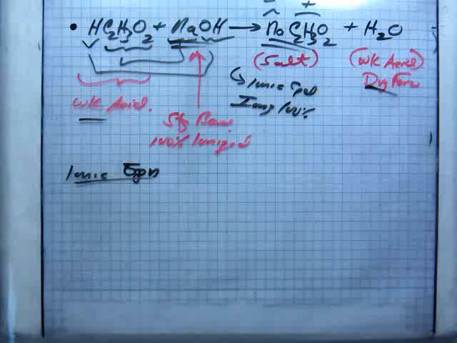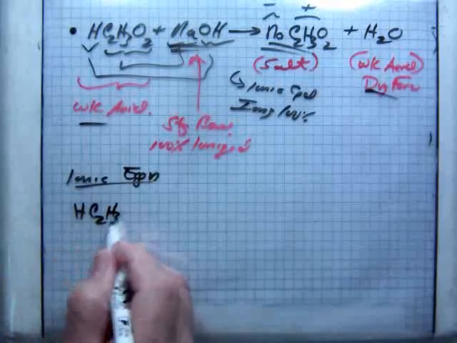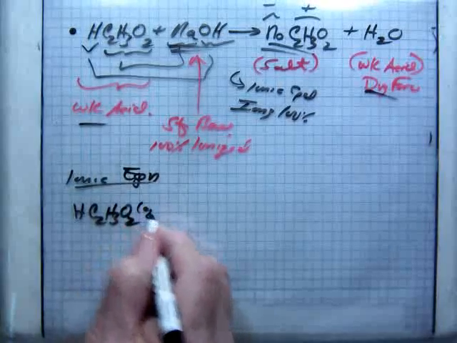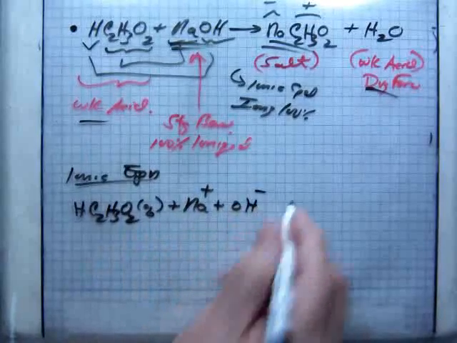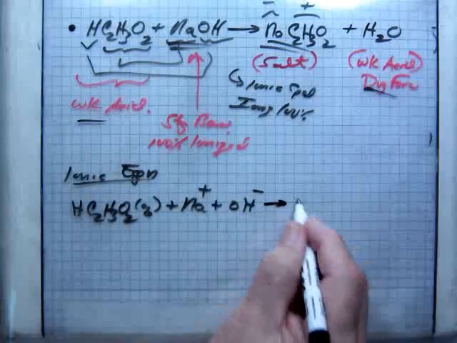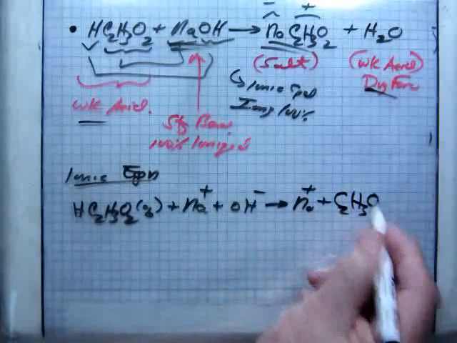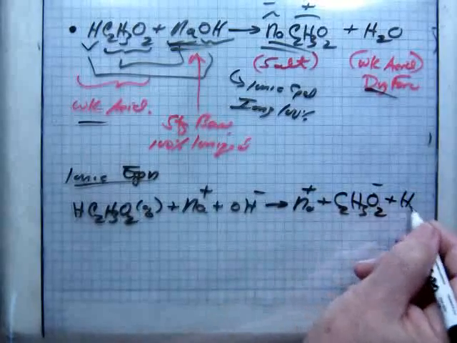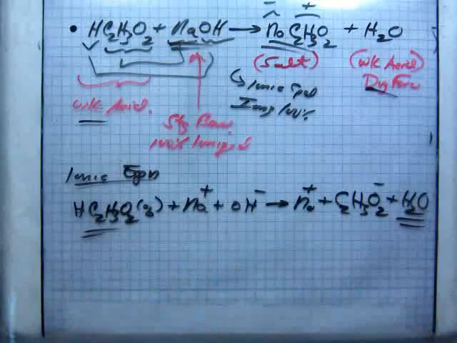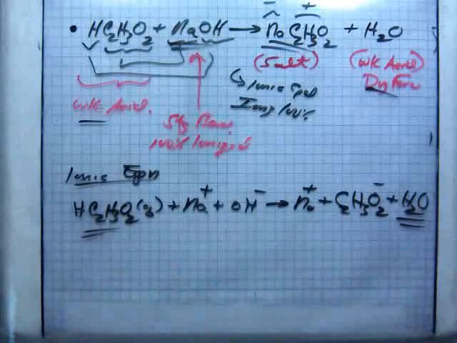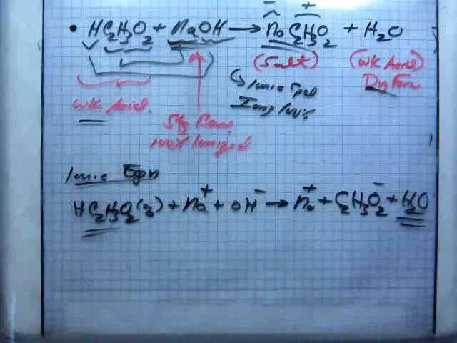So when this is written, it's HC2H3O2 aqueous plus sodium plus the OH. I'll leave all the states out. It's all in water. And this is sodium plus C2H3O2 minus plus the driving force. Notice how I did not write the weak electrolytes, the water and the acetic acid, in ionic form, but the sodium hydroxide and the salt I wrote in ionic form.